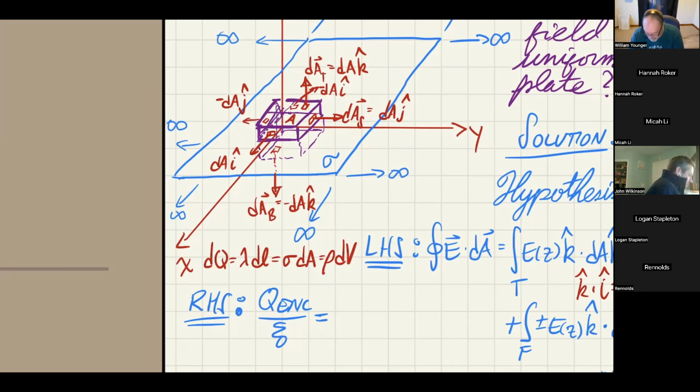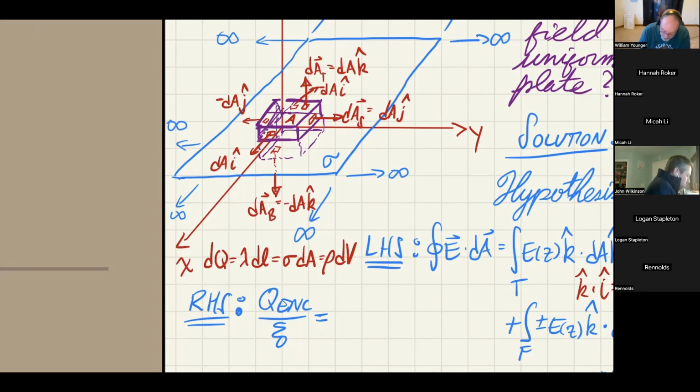So now that I've given that hint, can anybody tell me what Q enclosed is? Still nothing. Okay.